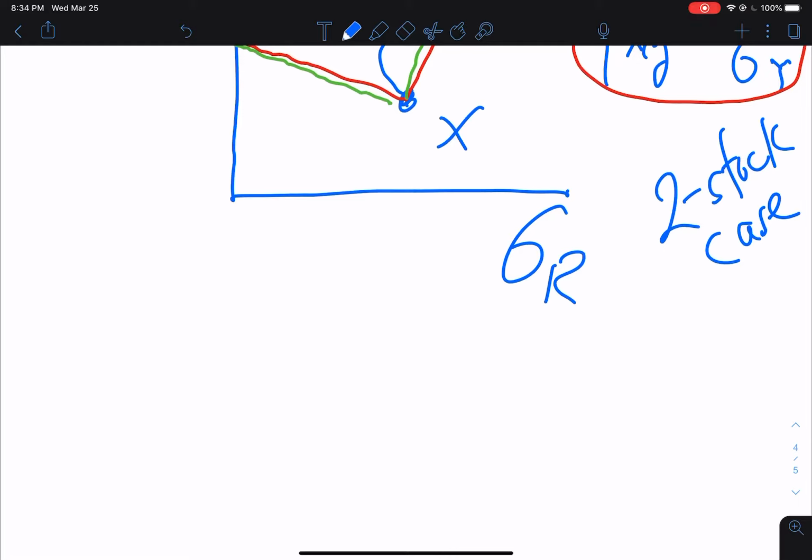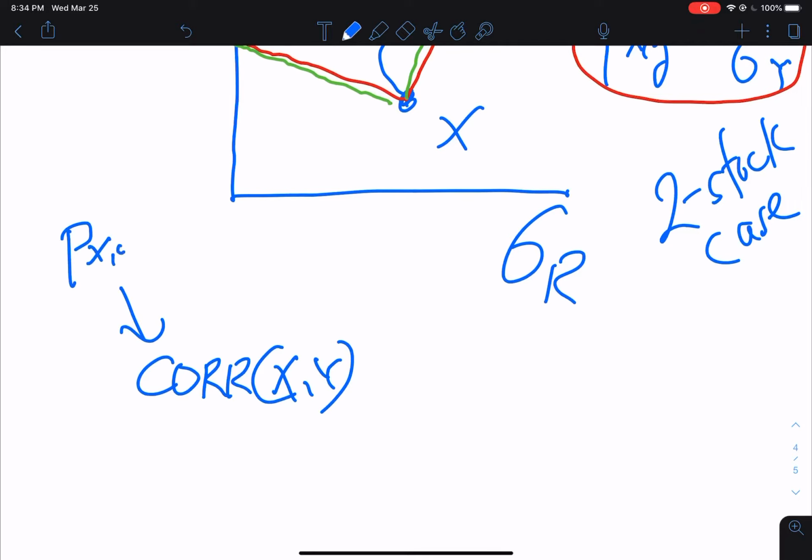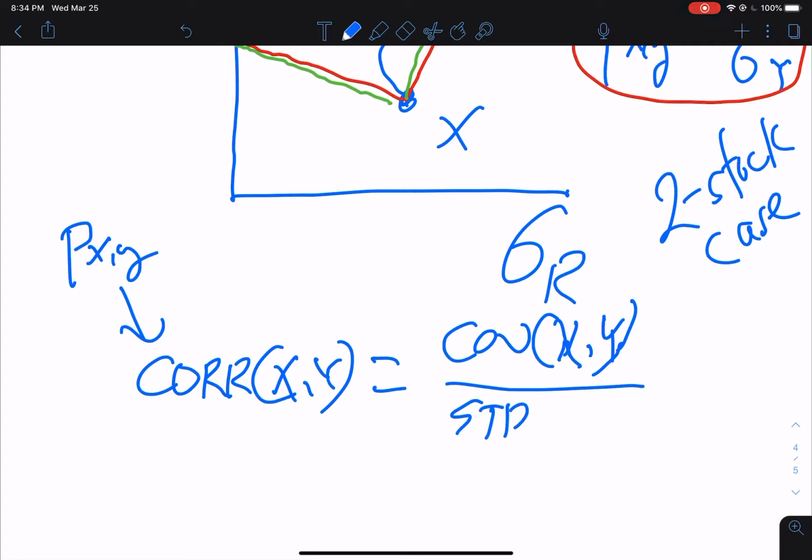Definition of the correlation coefficient between X and Y. This is also known as rho X comma Y. Okay, is equal to the covariance between X and Y divided by the product of the standard deviation of X times the standard deviation of Y. In different notation, this would look like this.